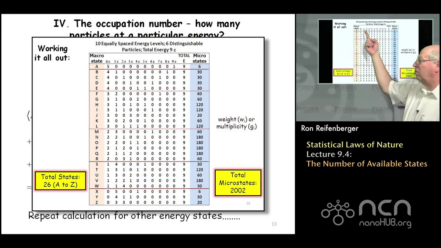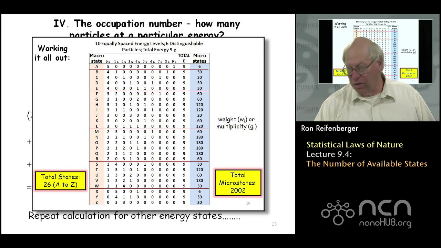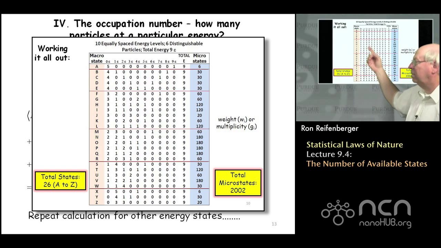You have to look at all the states that have particles in the 2 epsilon energy level. You'll see that of those 26 states, about 13 or so have 0 particles in the 2 epsilon energy level. So those states don't contribute to answering this question. Only the states that have an occupation of particles in that 2 epsilon level contribute.